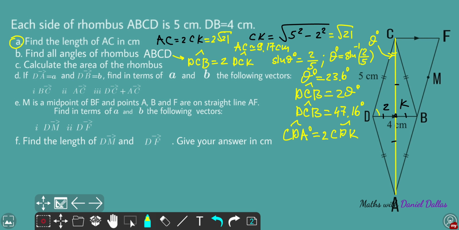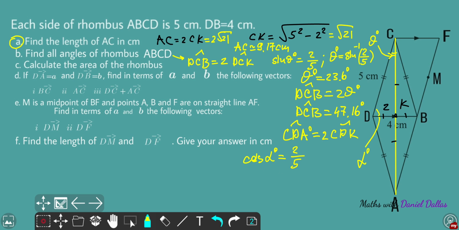CDK is the angle which is here, and let's mark this angle as alpha. So how to find alpha? Using cosine. Cos of the angle alpha is going to be 2/5 in this case.